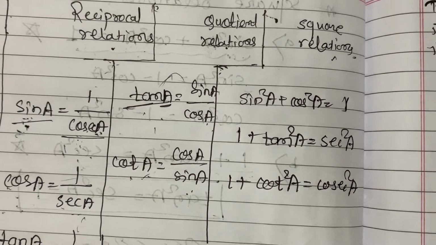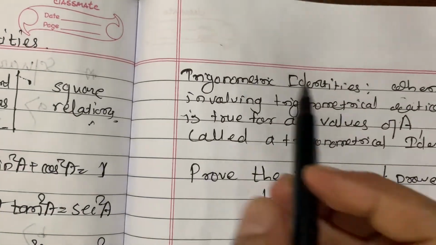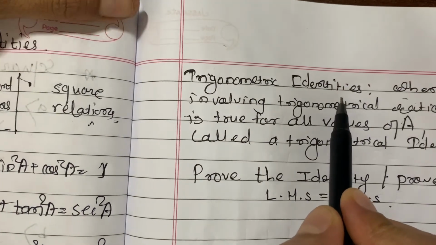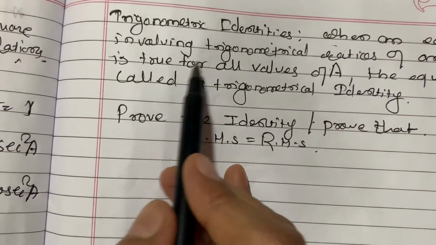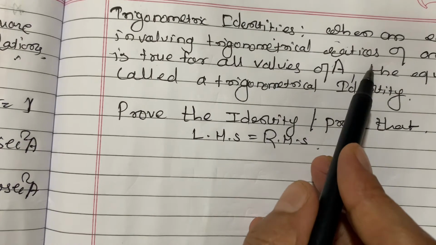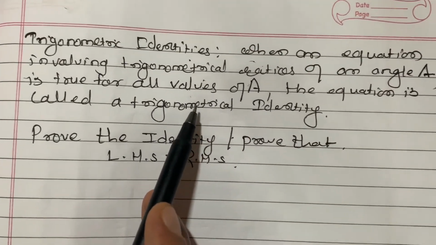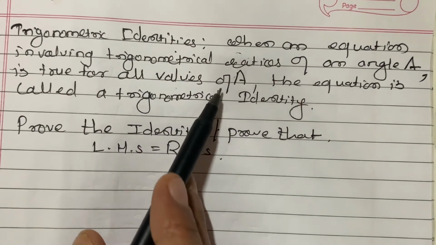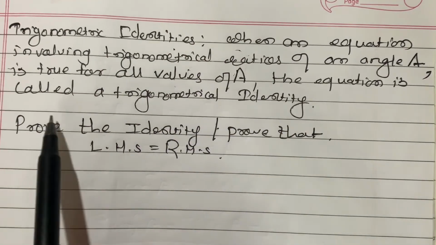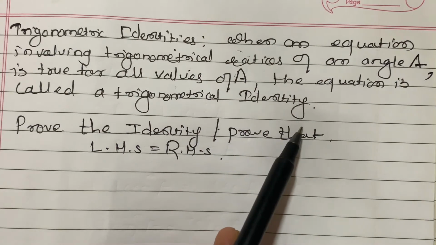Now what exactly are trigonometrical identities? Trigonometrical identities means, when an equation involving trigonometrical ratios of an angle A is true for all values of A, the equation is called a trigonometrical identity.